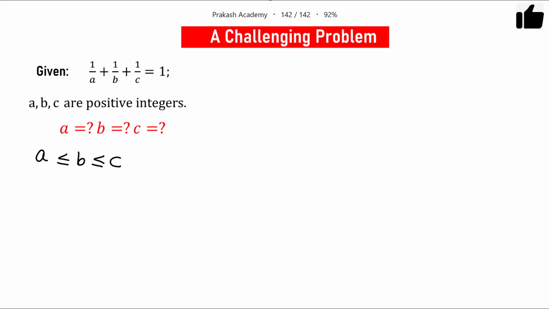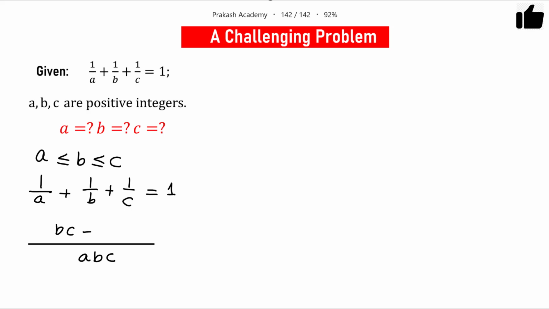Now the given equation can be written as 1/a + 1/b + 1/c = 1. So I can take abc as LCM. Then this becomes bc, this becomes ca and this becomes ab, and this is equal to 1. Now this means bc + ca + ab = abc if you multiply across.